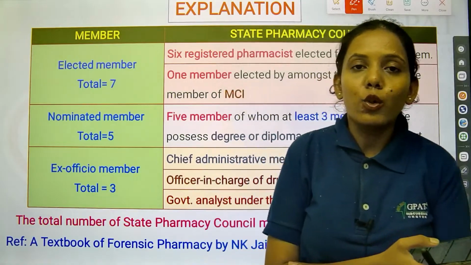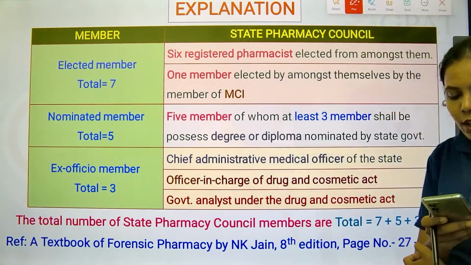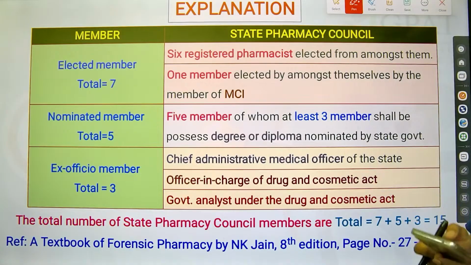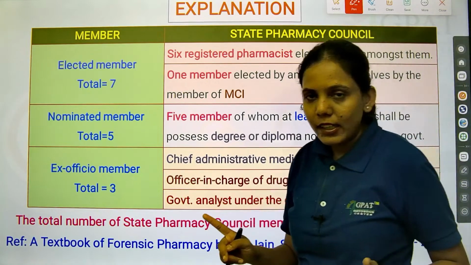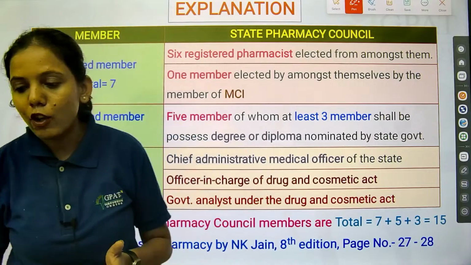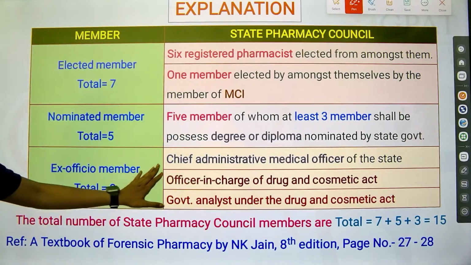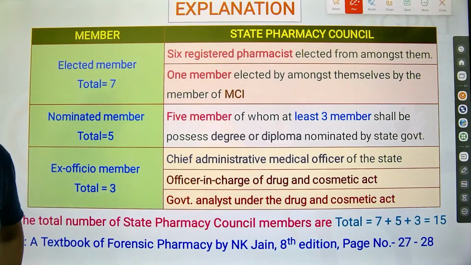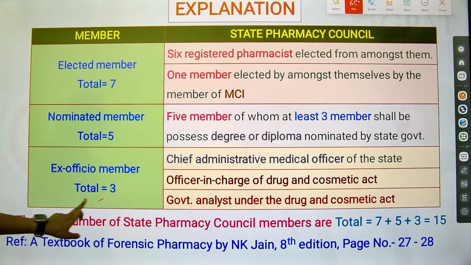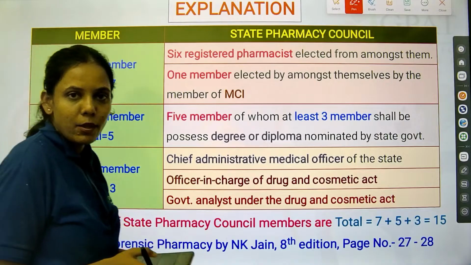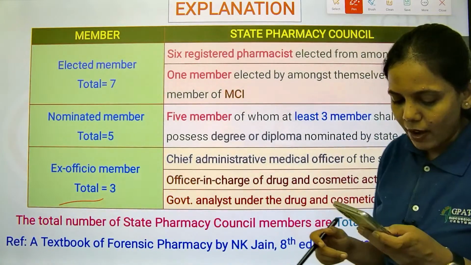So total 15 members are there. Elected total 7, nominated 5, ex officio 3. In the ex officio, the chief administrative medical officer will be there, the officer in charge of DNC, and the government analyst. So this is the distribution for the state pharmacy council.